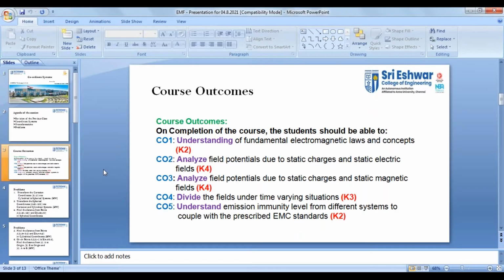As far as course outcomes are concerned, we are in unit number 1. So CO1 we have to memorize: understanding of fundamental electromagnetic laws and concepts, which comes under K2 level of Bloom's taxonomy.